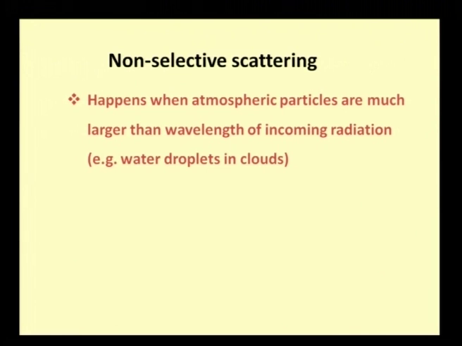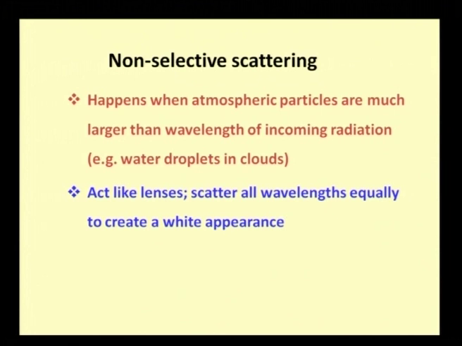That is, the water droplets in a cloud, because in the cloud the particles are much larger than the incoming radiation, and therefore here it is a non-selective scattering. What happens? It acts like a lens, it scatters wavelengths equally to create a white appearance, and that is the reason why the clouds appear white in color.